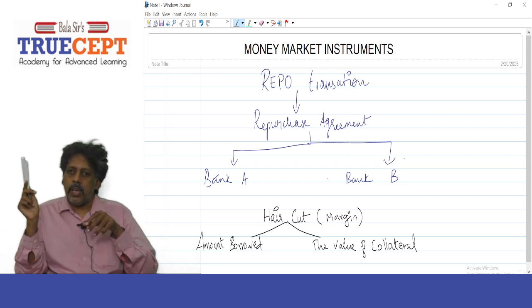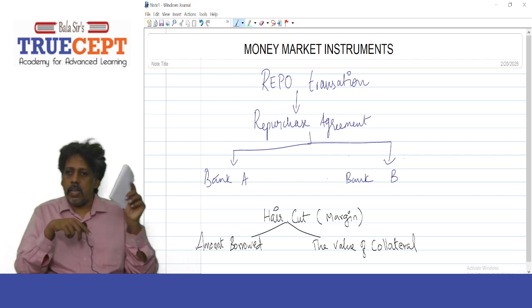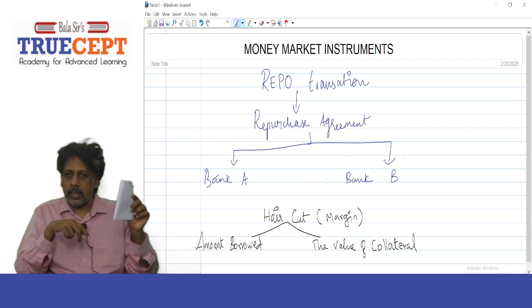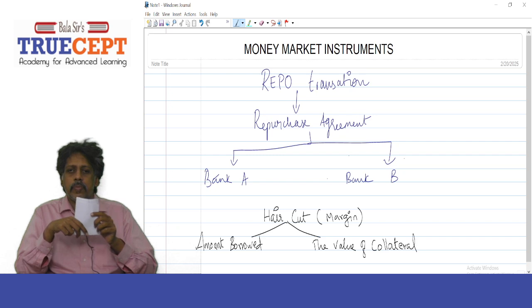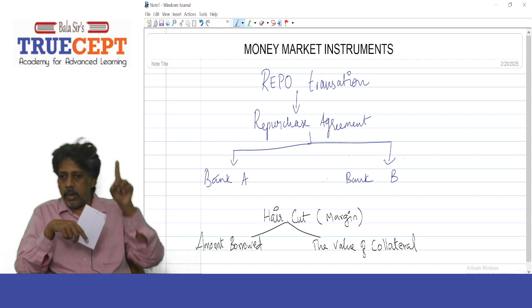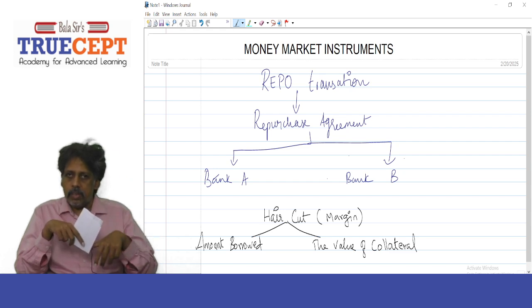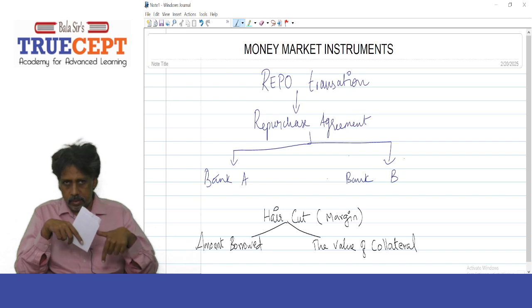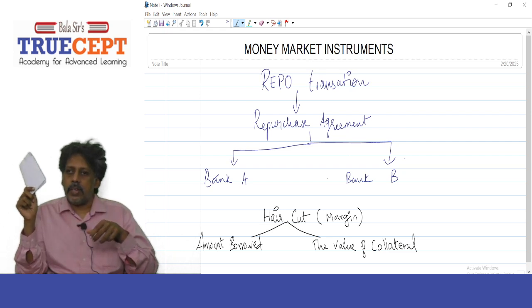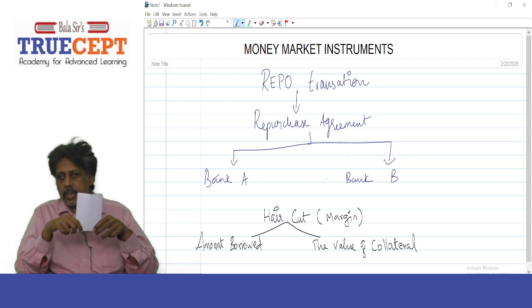But banker B will not lend rupees 1 lakh to banker A. Banker B will buy these investments, even though they are valued at rupees 1 lakh, the market value, by reducing 2%. In our example, let's take 2%. That's called the margin, or you can say banker A has to take a haircut.